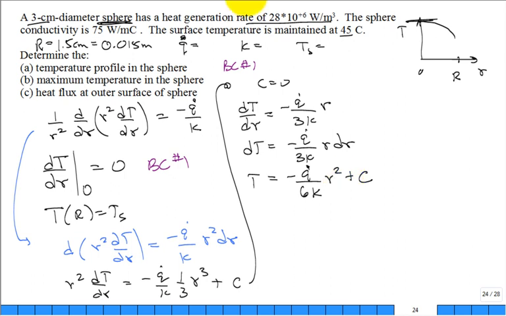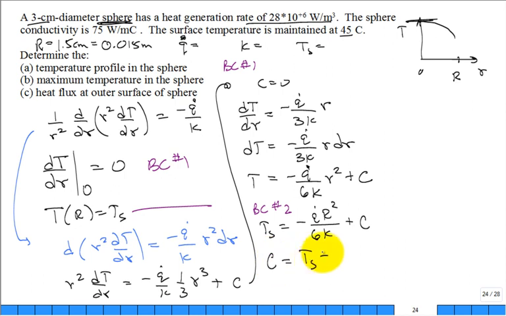Now we apply boundary condition number 2 right here. And we get that Ts is equal to minus q dot cap R squared over 6k plus that constant. So the constant, I'll write it like this: constant is equal to Ts plus q dot R squared divided by 6k.